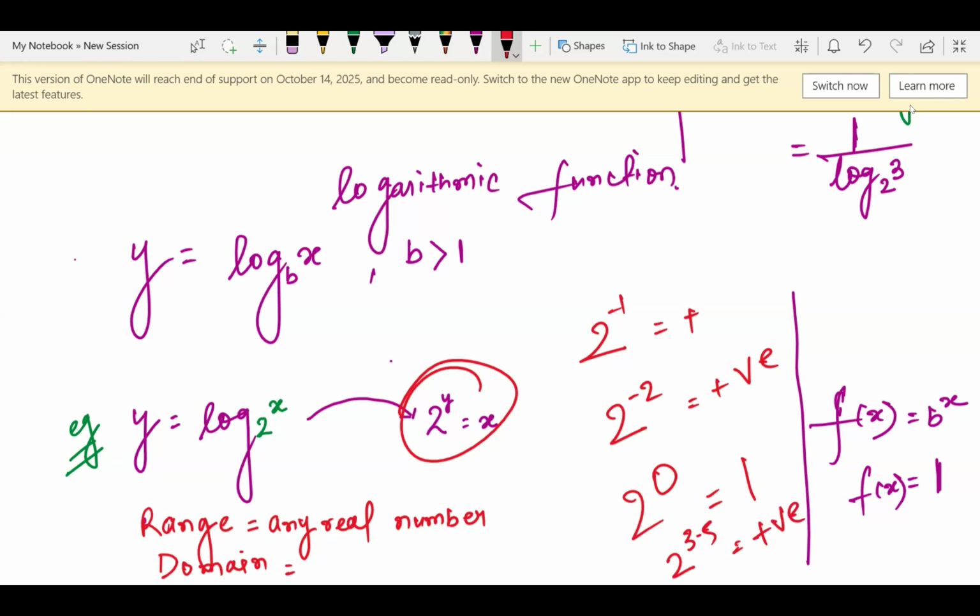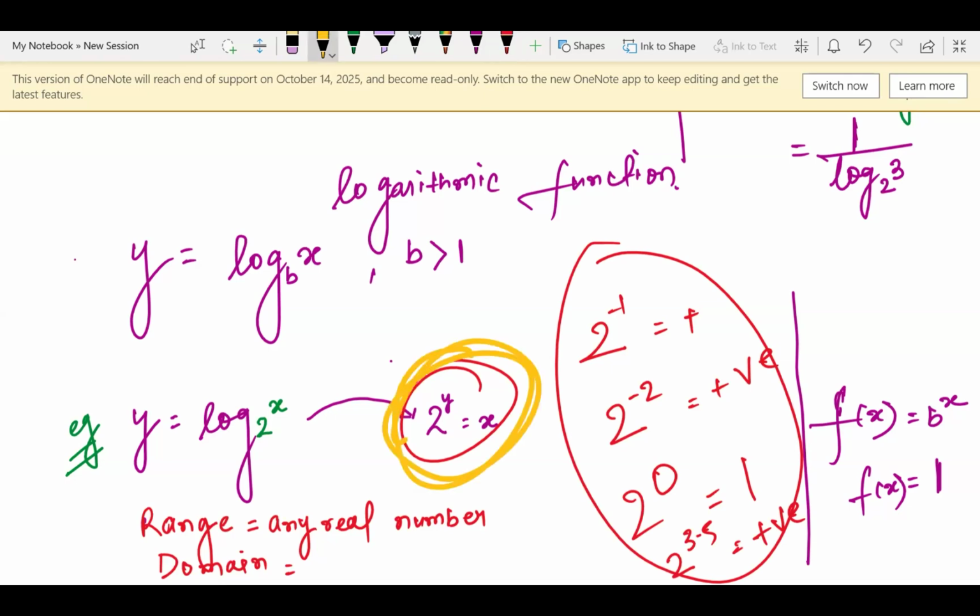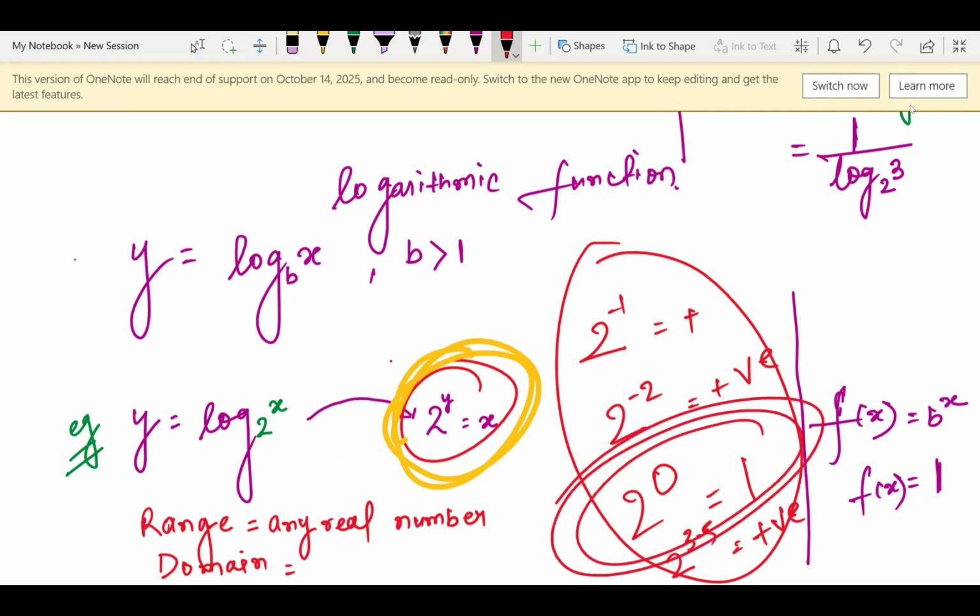From here we came to the conclusion that x can be any positive number. It cannot be negative. How did we decide? Just by looking at this format. Will x be 0? No, never. Even if the power is 0, on the other side x will not be 0.